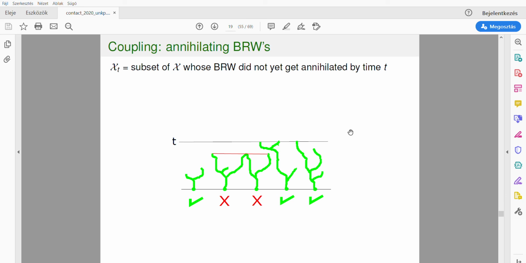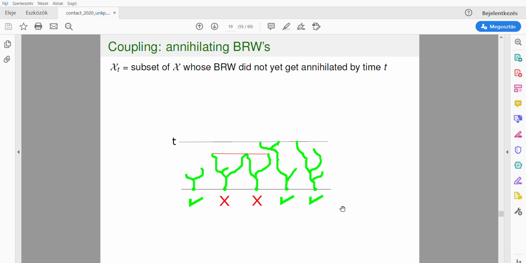But then if you run it a little further, oops, these branching random walk particles jumped on top of each other. In the branching random walk world, these two particles just stay on top of each other happily, but of course this has no interpretation in terms of infection paths. So in this case, we shut down our coupling and say that these branching random walks are not representative of the infection paths, but these other ones with the check marks are still okay.